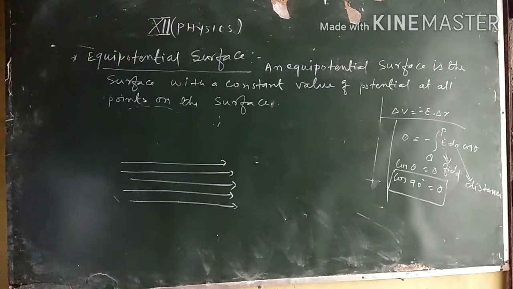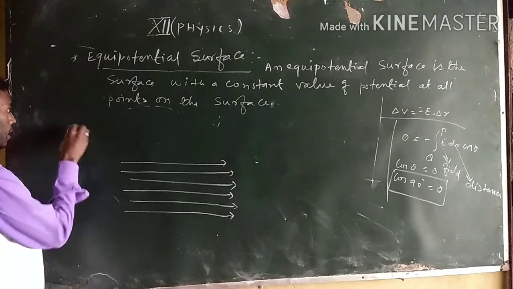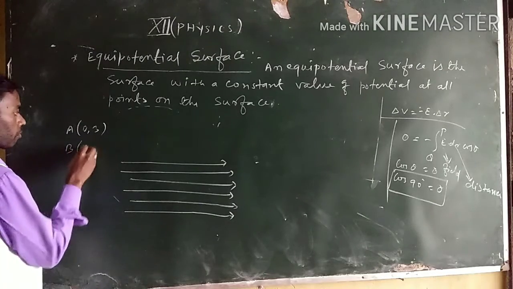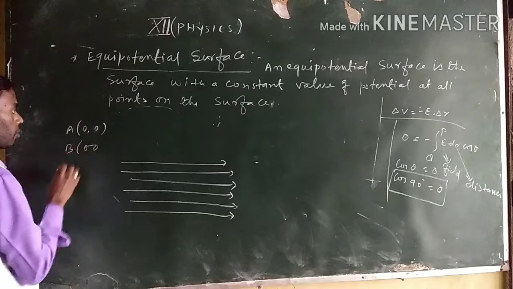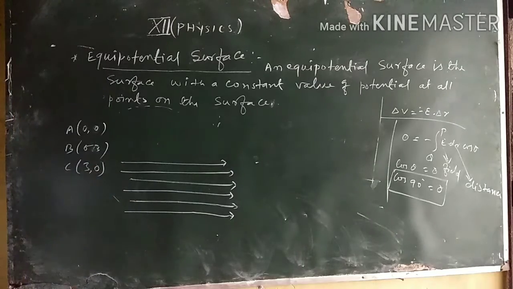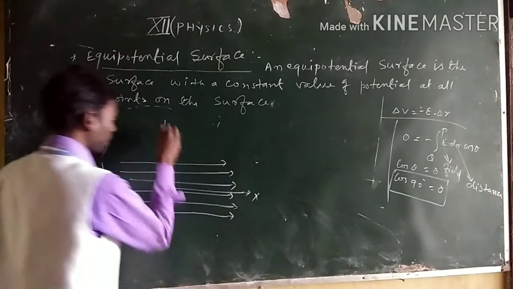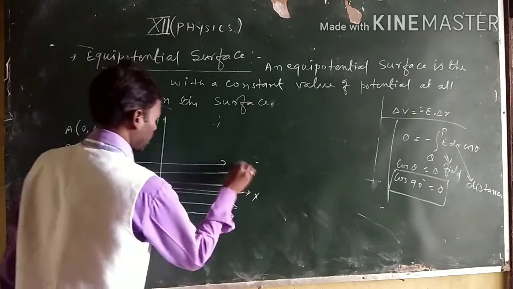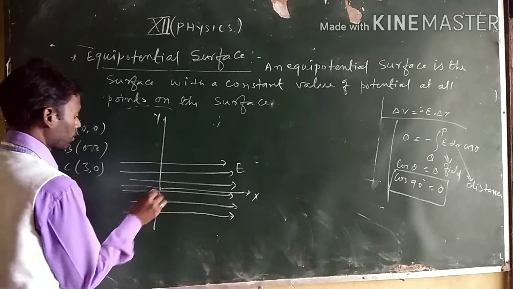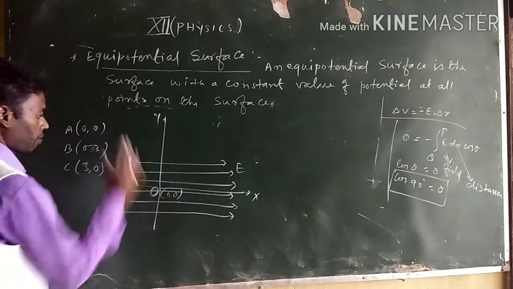Over here we are given the points, A, B and C. This is the x-axis, this is the y-axis, and here is the origin O. That means here is 0, 0, along the x-axis 0, along the y-axis also 0.